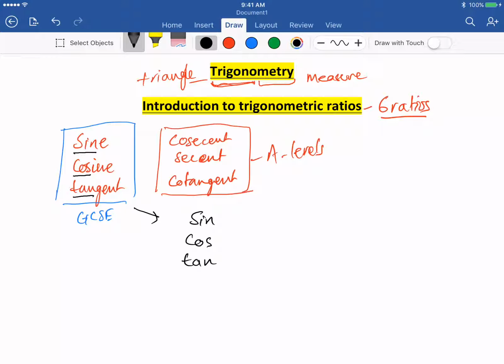And these ratios are always written with their angle. So I'm going to use angle x this time. There will be some degrees. So here this x is an angle. Same here and same here. So we're going to study these ratios.